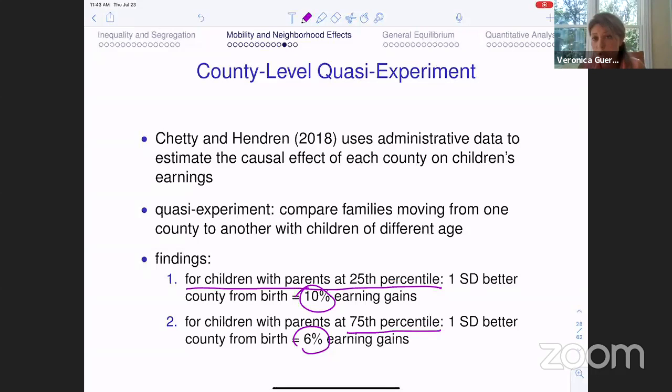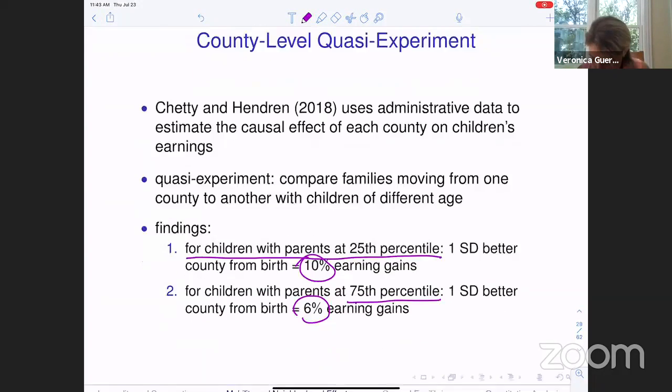They also try to use siblings, although there is not enough data to have reliable measures using siblings. You can look at the paper, but I think as of today, these are the best measures of exposure to neighborhood that we have available.